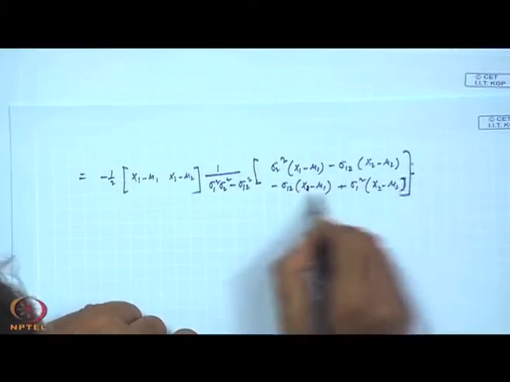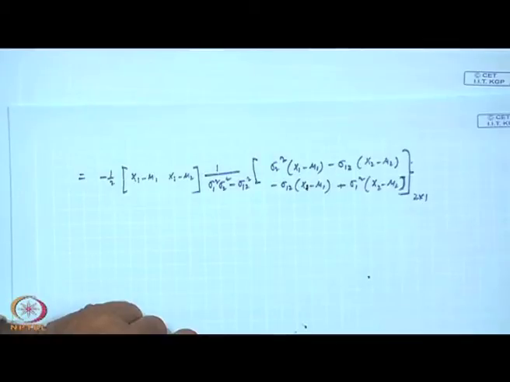This is the first row, this is the second row, so it is 2 cross 1.